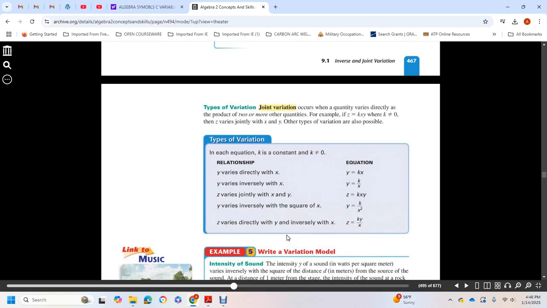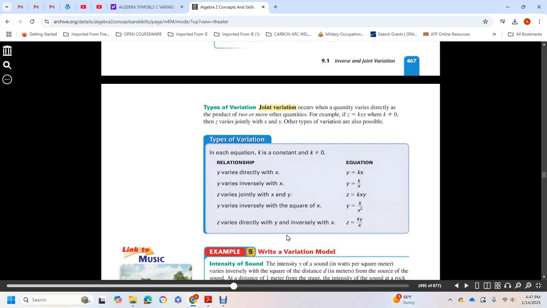Type of variation, with k a constant and x not equal to 0. Y varies directly with x when y is equal to k times x. Y varies inversely with x when y is equal to k over x. Z varies jointly with x and y when z is equal to k times x times y.